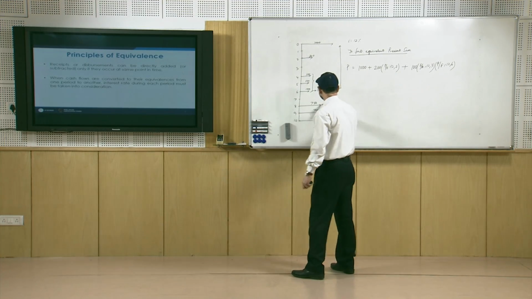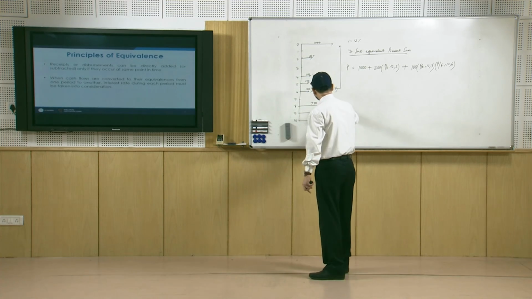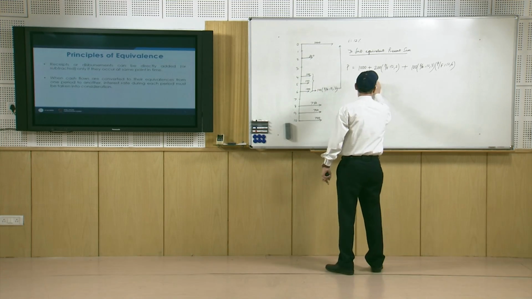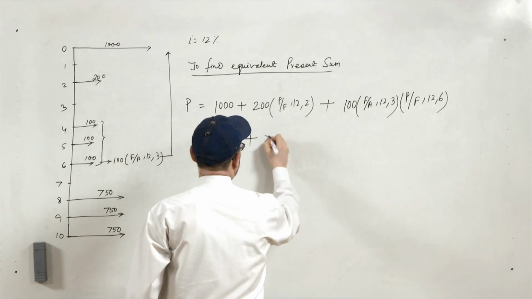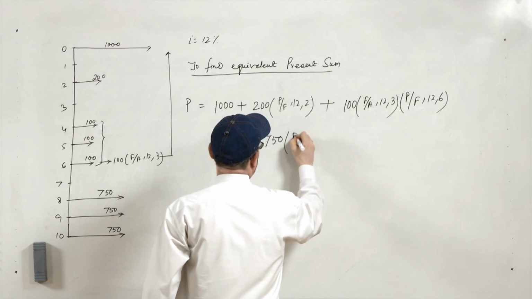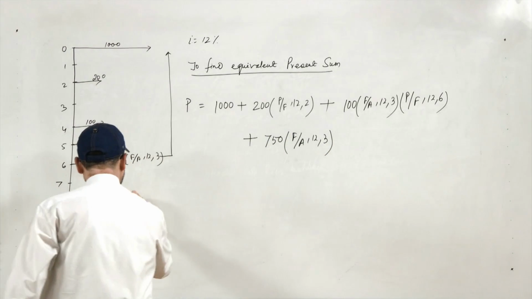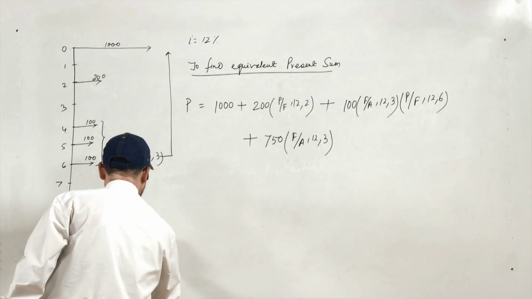Now, left are these 3 amounts. Again these 3 amounts can be done in a similar fashion. So, 750 multiplied by F by A 12 3 will give you the amount here.